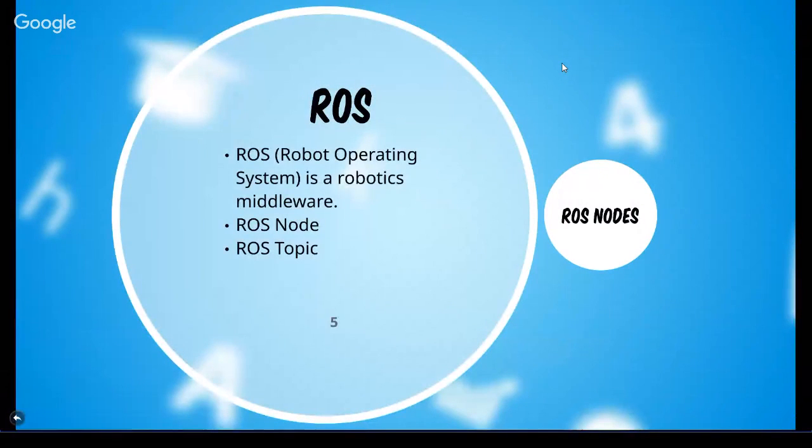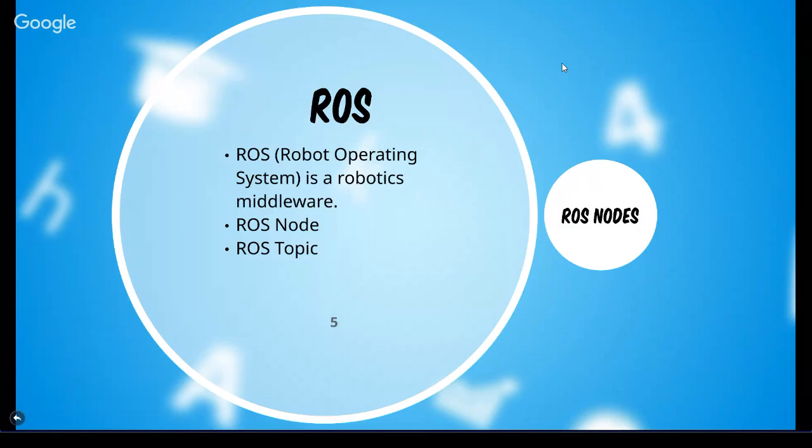So ROS, Robot Operating System. Don't be deceived by the words operating system. ROS is not an actual operating system, but it contains software libraries which can be used to build robotic applications. So it's a robotic middleware.